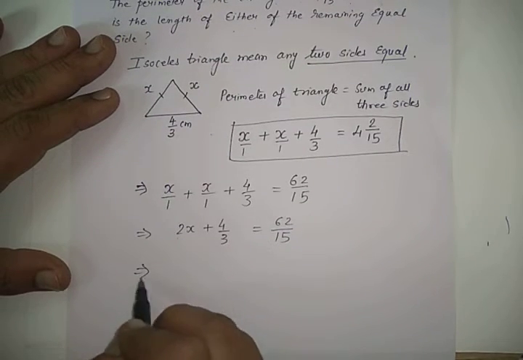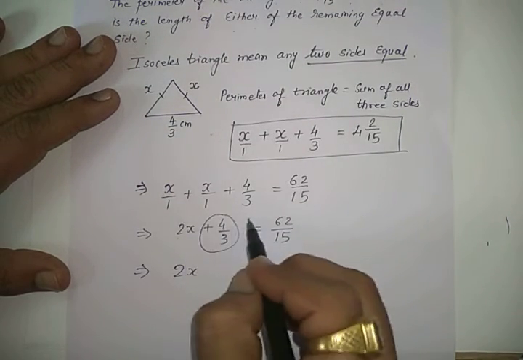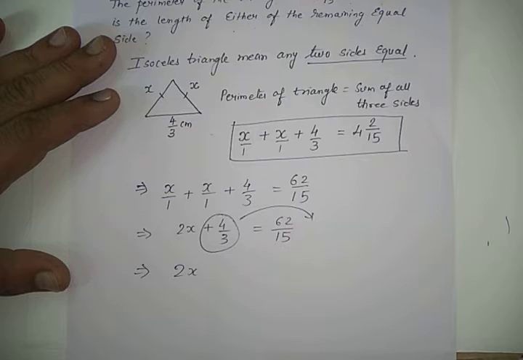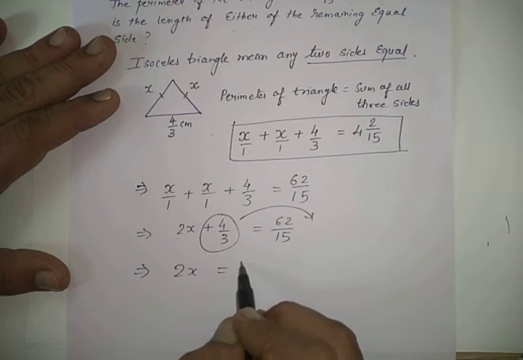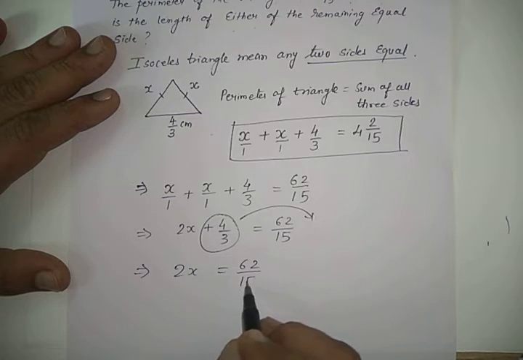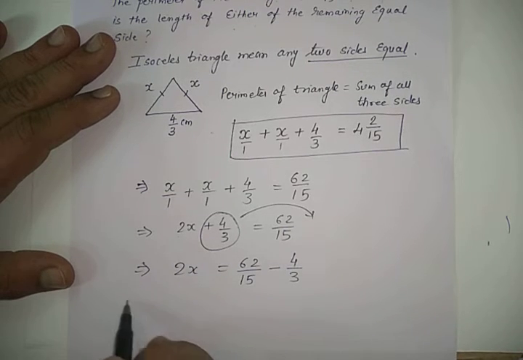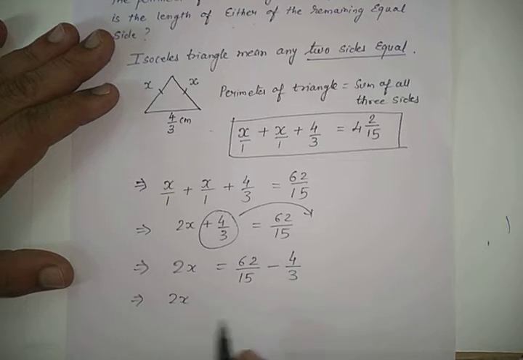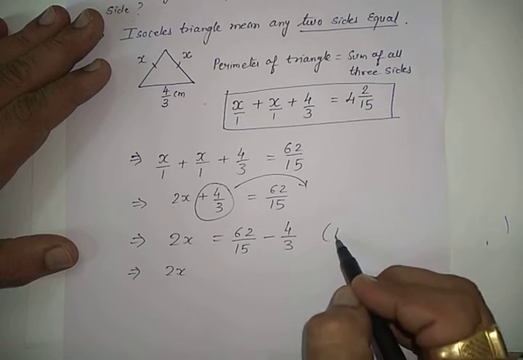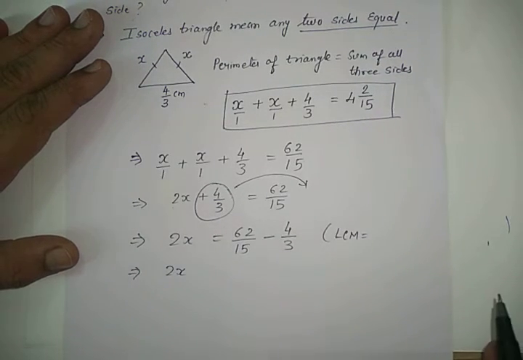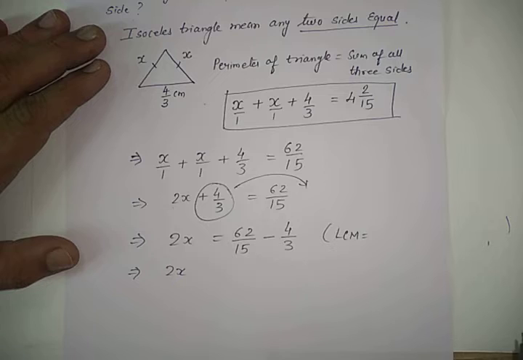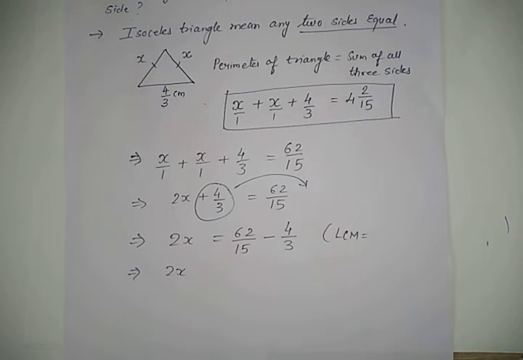Now I can send the like terms to the same side. So on the other side it will go to 62 by 15 minus 4 by 3. Clear? So to find 2x, we need to find the LCM. What will be the LCM?